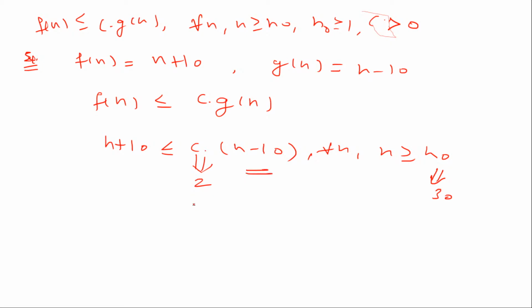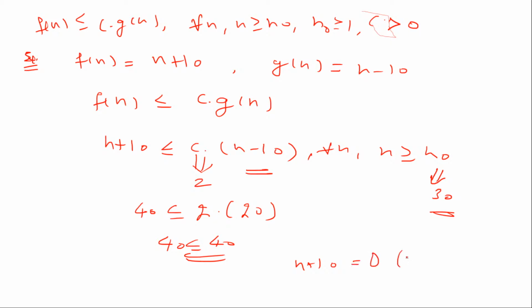You can calculate also: 30 plus 10 is 40, and 40 is less than or equal to 2 times 20. So it satisfies the condition for big O notation. Hence n + 10 follows big O notation.